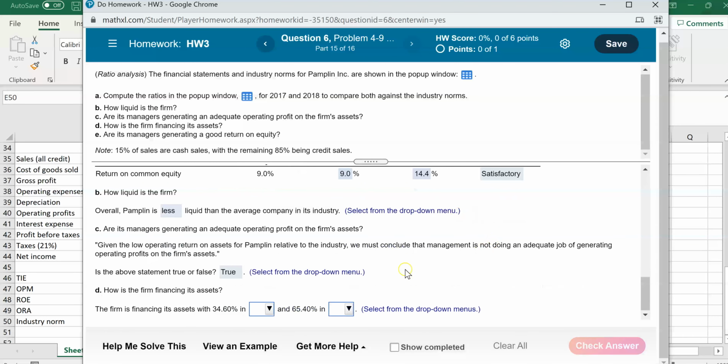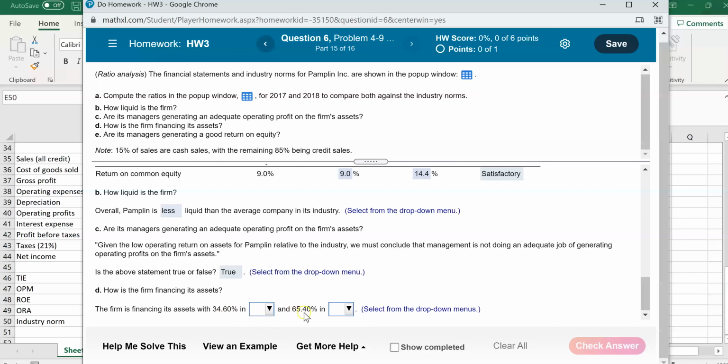Okay, so we are approaching the end of this exercise. Part D: how is the firm financing its assets? The firm is financing its assets with 34.60% debt and 65.40% equity.